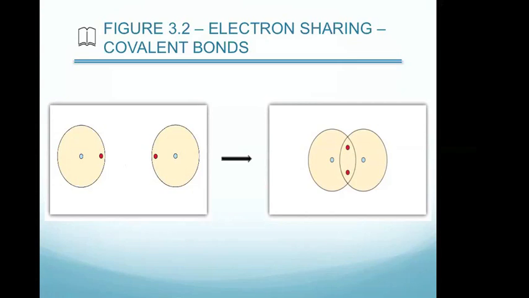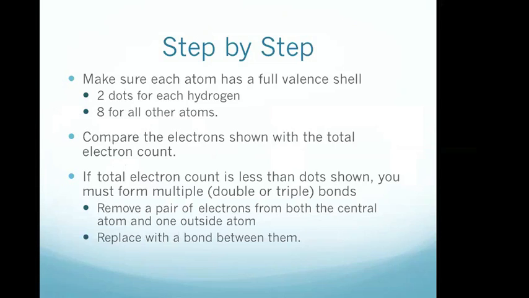Okay, so that's how we're going to be counting things: if I have a bond between two atoms, both of those electrons count for both atoms. All right, so I'm going to pull up an example here. Let me go to the whiteboard.